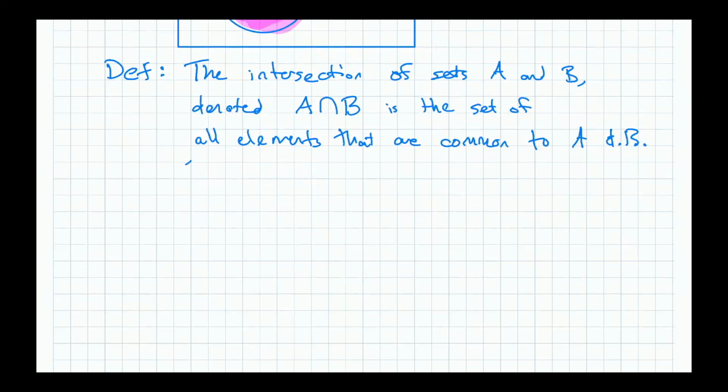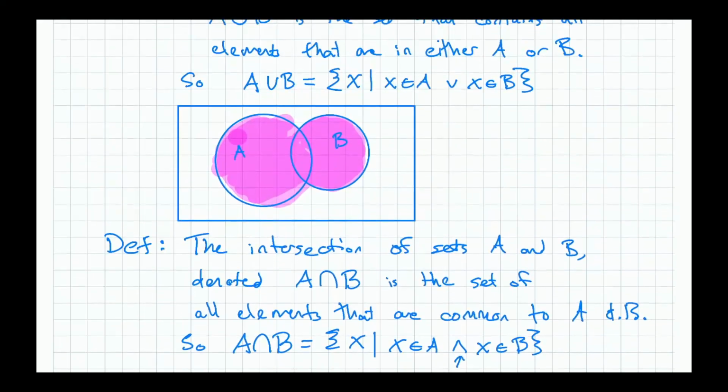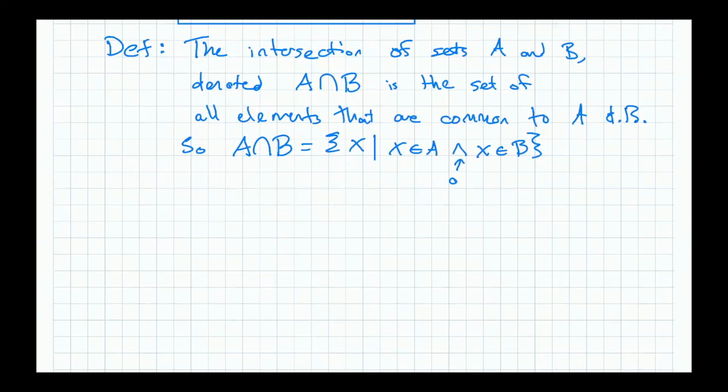If we write it out in symbols, A intersect B is the set of all X such that X has to be in A and X has to be in B. That's different than the union, in that this is an "and," whereas up here it's an "or." Okay, so that's the difference.